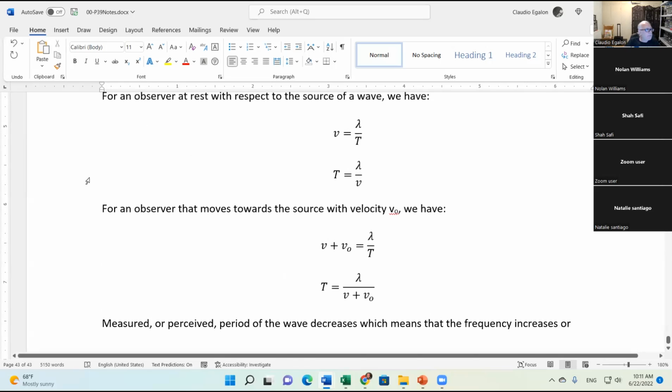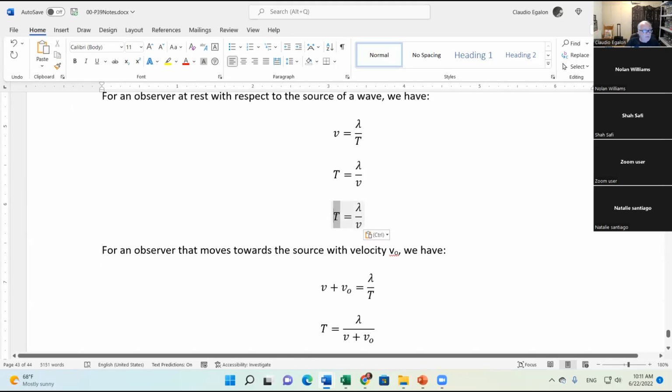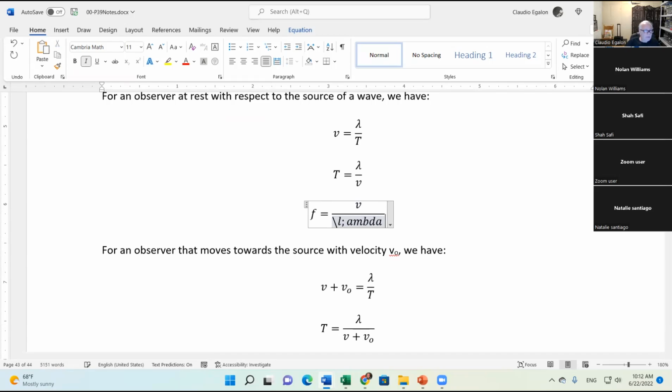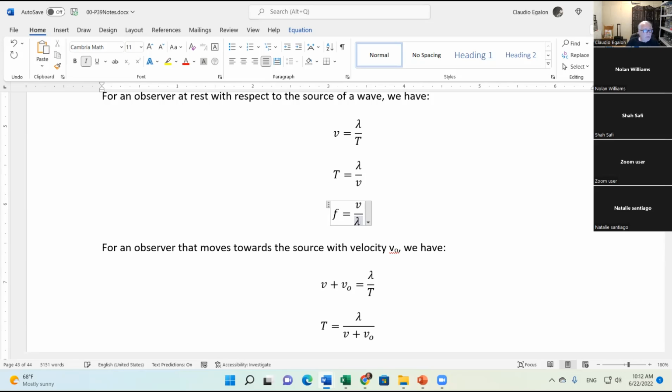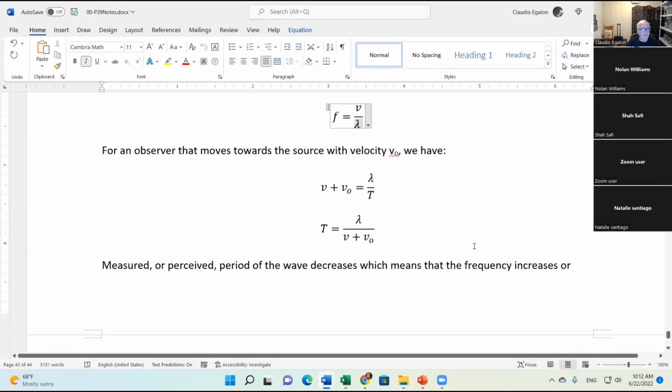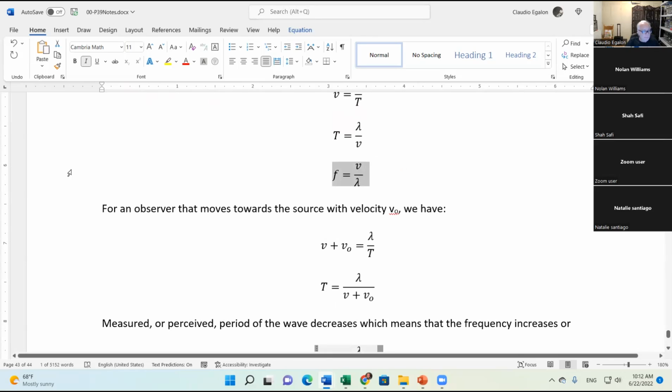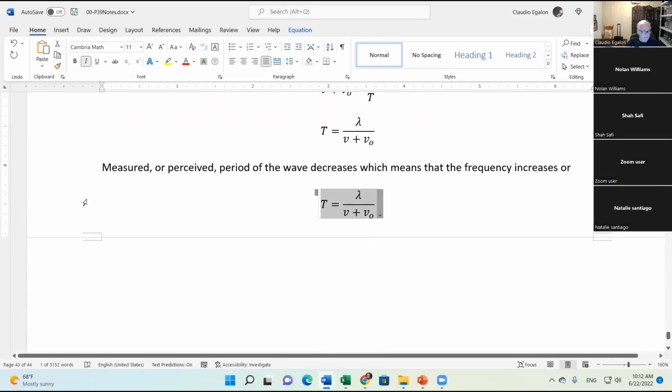And I'm going to put the equation for the frequency here. Here you go. Frequency is v over lambda for the observer at rest. I'm going to put it here.